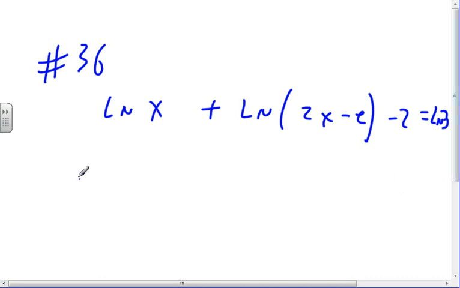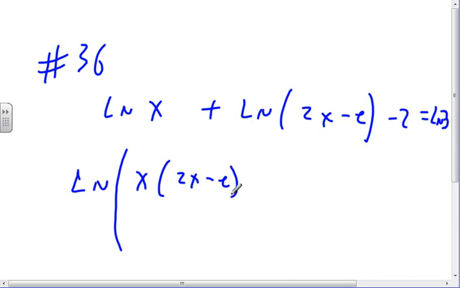Okay, so we'll rewrite that as natural log of x times 2x minus e, divided by 3 equals 2. The minus 2 goes on the other side of the equation. Natural log 3 becomes a negative sign, which means it's a divided by thing. And now we get that.